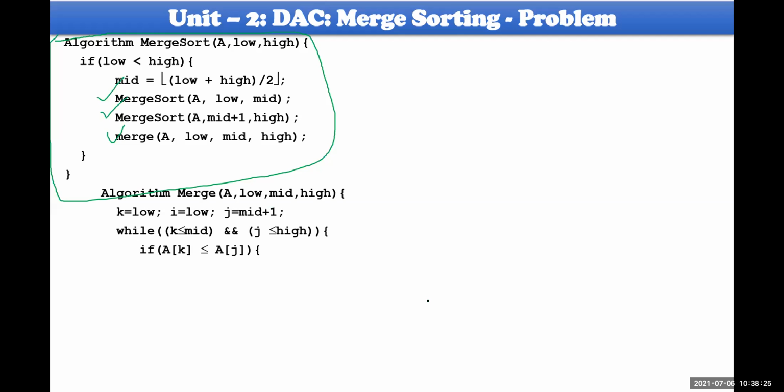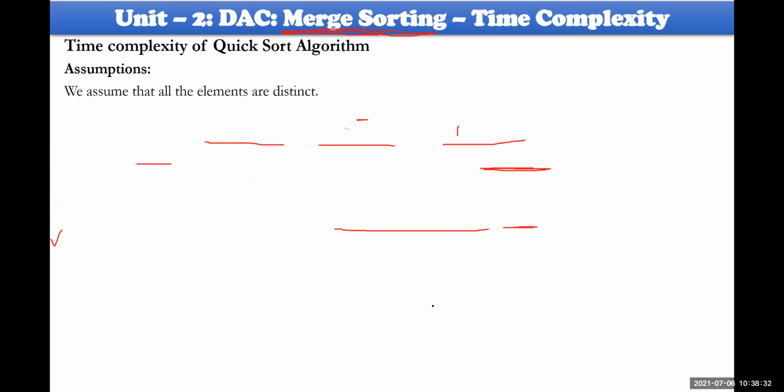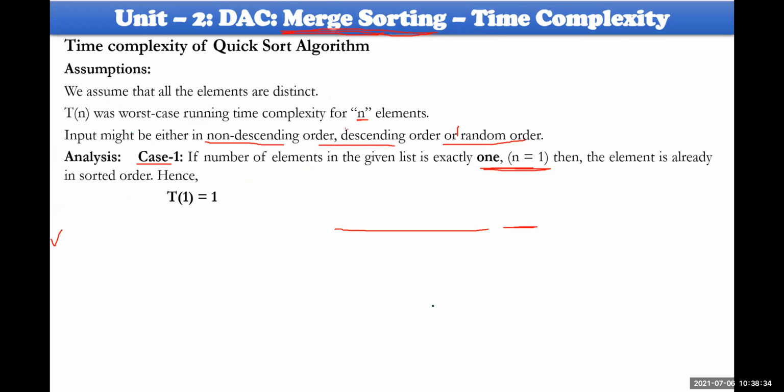Now, this is the algorithm. Already we have seen this particular algorithm. Here it is the merge sort time complexity.